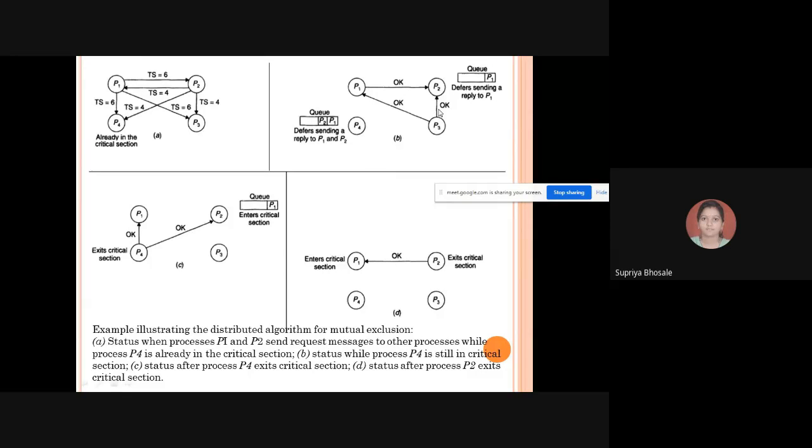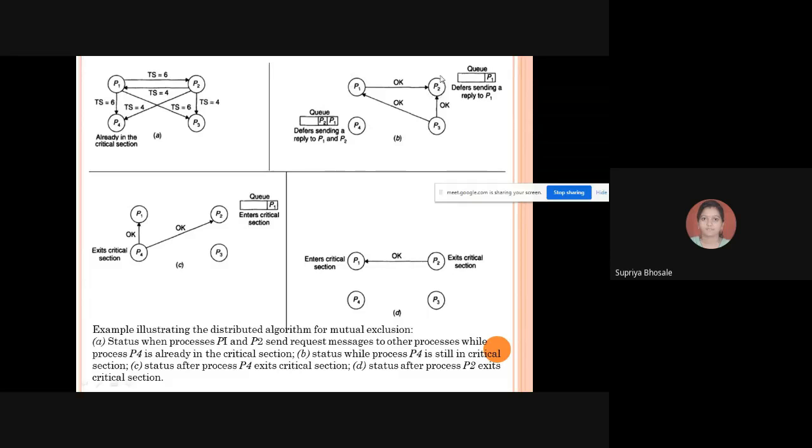Also here process P2 is deferring, sending a reply message to P1 and entering P1 in its queue. या ठिकाणी P2 हा काय करणार आहे, P1 ला त्याच्या क्यू मध्ये ऍड करणार आहे. Why? Because it is having defer time, or it defers sending the reply message to P1.